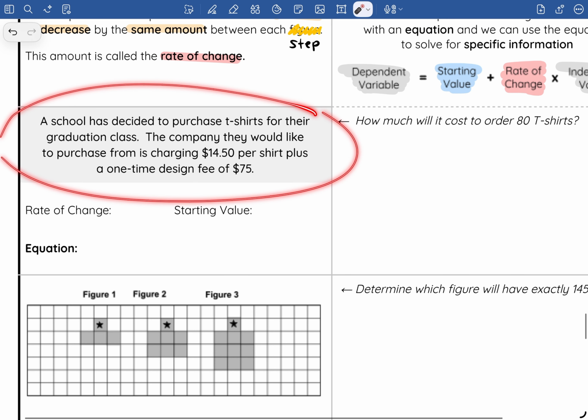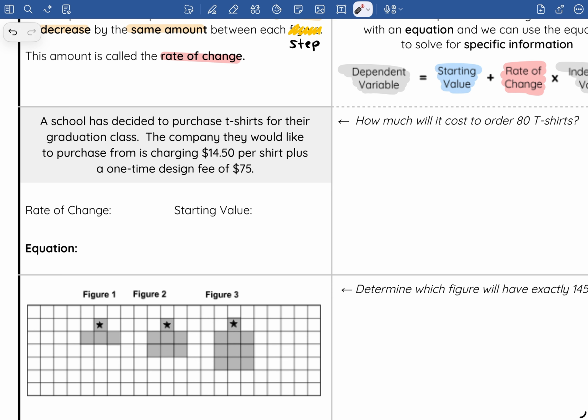So for example, another t-shirt situation, just to really nail home one example that you've seen a couple of times to remember the structure of the equation. So not the most exciting one. A school has decided to purchase t-shirts for their grad class. It's going to be $14.50 per shirt plus a one-time design fee of $75. So this fits a linear pattern because each shirt costs the same amount.